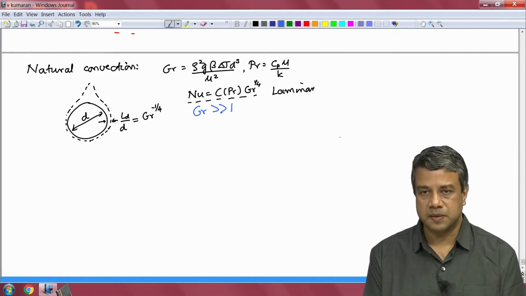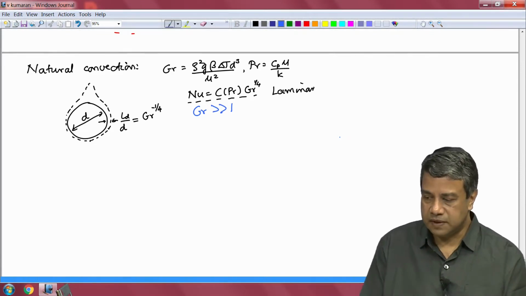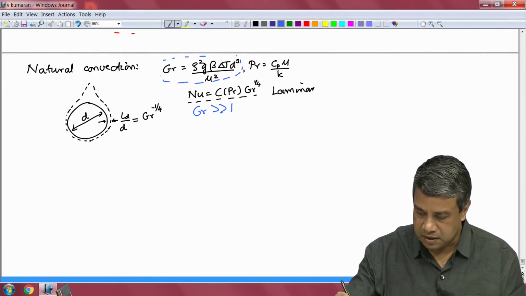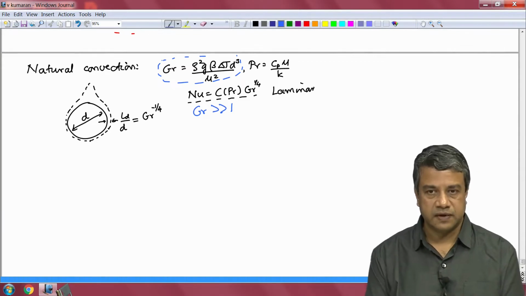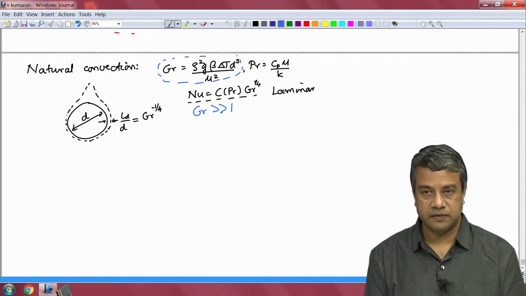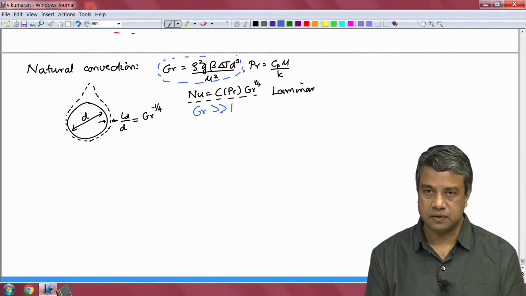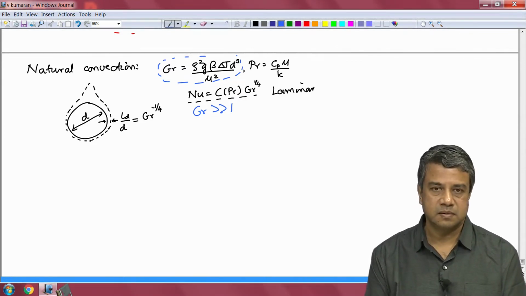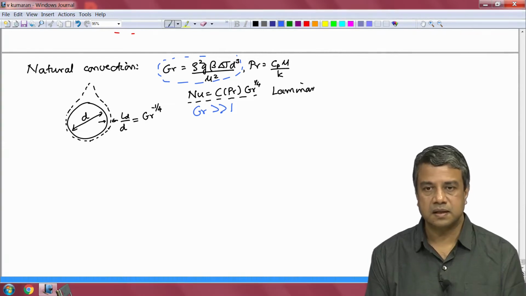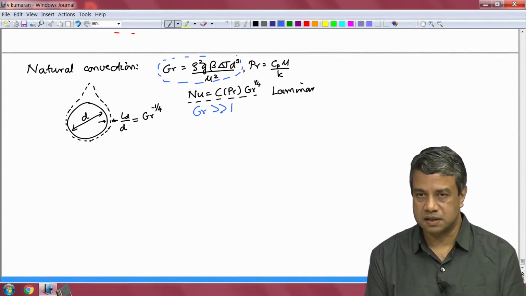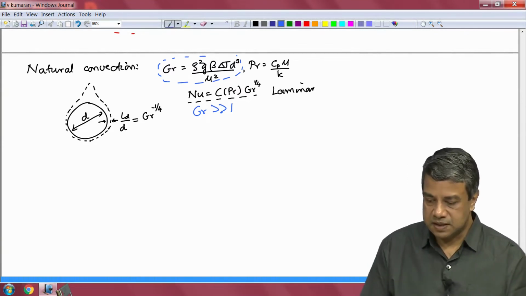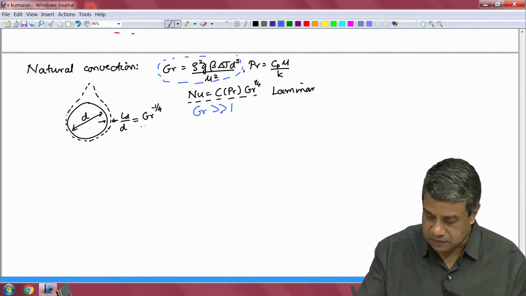When we had done dimensional analysis, I had defined for you the Grashof number and estimated it in everyday situations, and it turned out to be very large, in the range 10 power 4 to 10 power 9. In that case, the thickness of this boundary layer, where the presence of the object causes a disturbance to the temperature and the velocity fields, scales as Gr power minus 1/4.